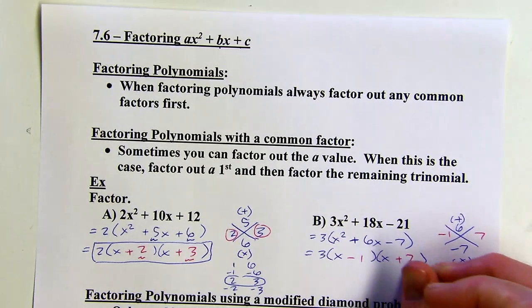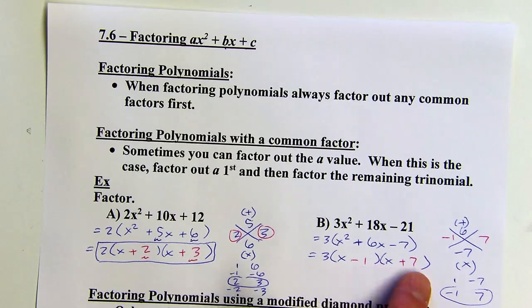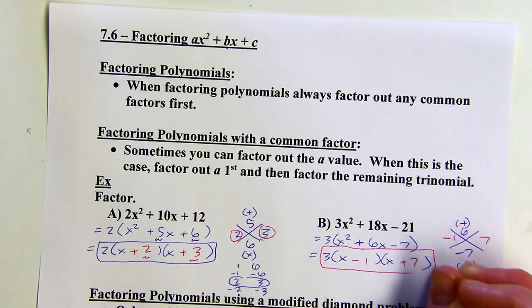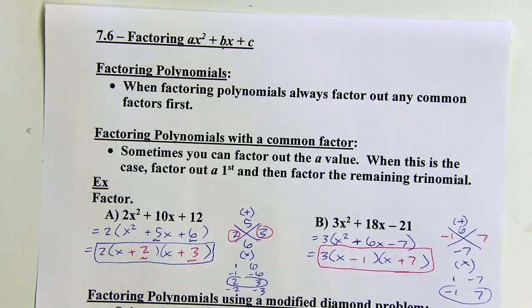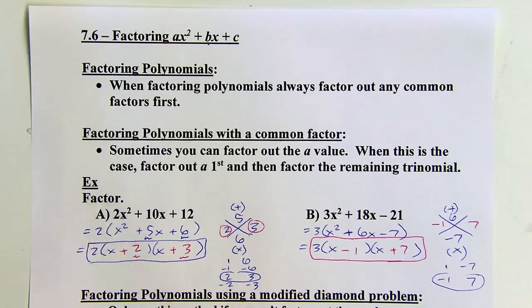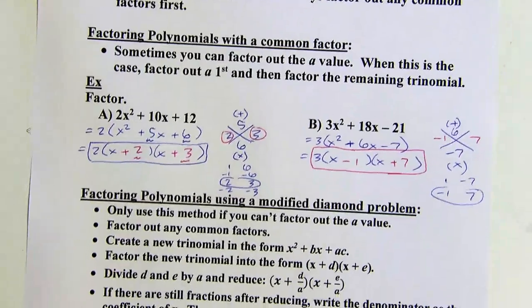And again, you can reverse the order of the factors. That's fine, but the 1 has to be negative and the 7 has to be positive. And so this is completely factored. Okay. So if you can factor out the number in front of the x squared, then the problem's not really much more difficult than a problem that begins with x squared.